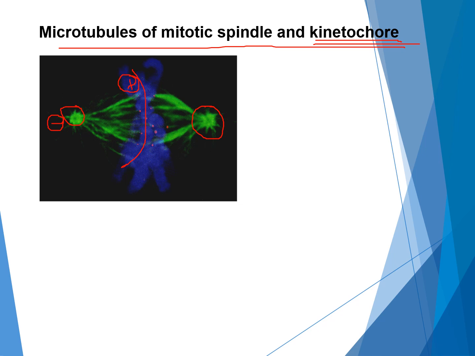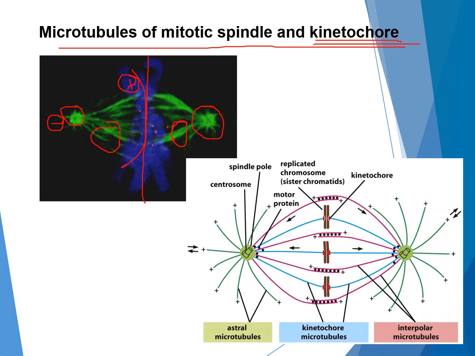All right, so that means during the metaphase, what will happen is the separation between the sister chromatids because of the shortening of this microtubule. All right, this is what happened. Still remember about they do have the spindle fiber.